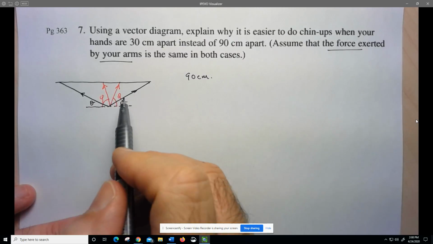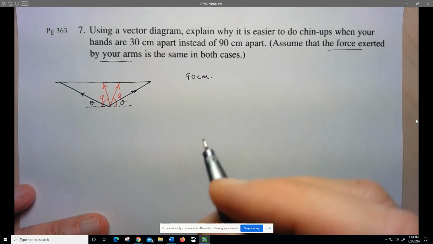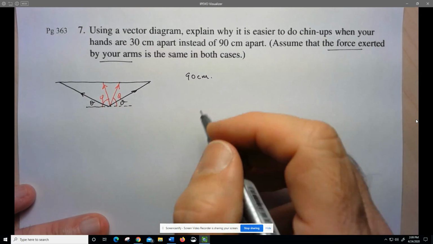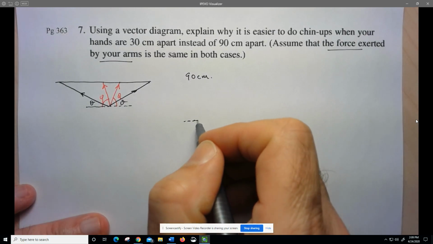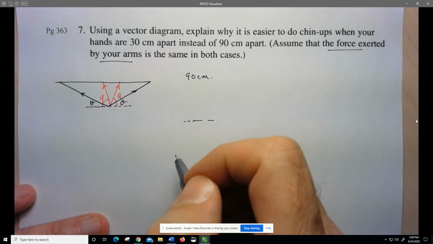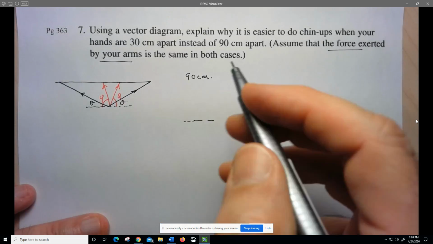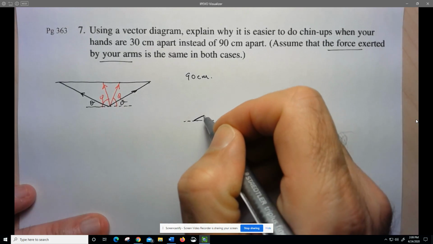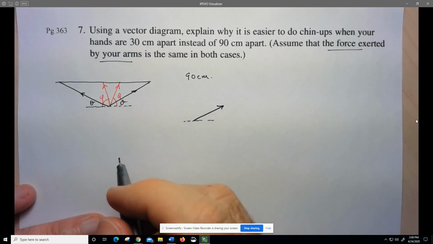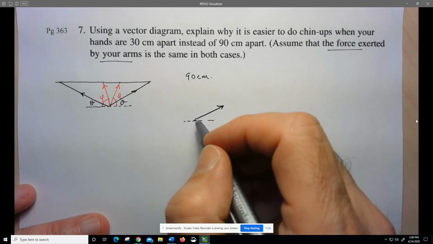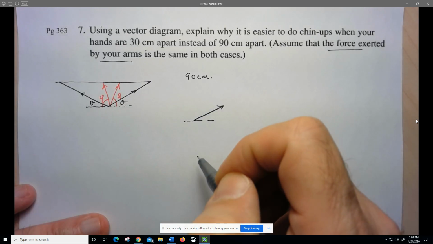I'm just going to add these two vectors together, but I'm going to add them tip to tail. All right, so say I start here. Well, I have my horizontal, and I see my angle theta, and I'm going to draw my vector, which is the length of the vector that represents the force that my arm can put.